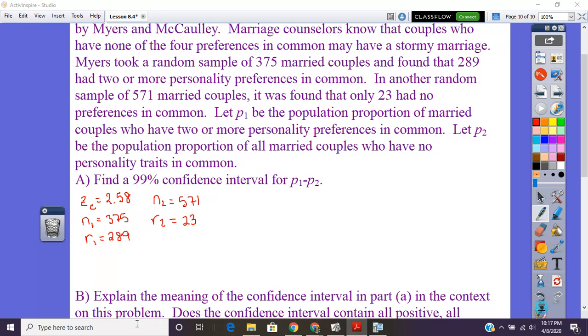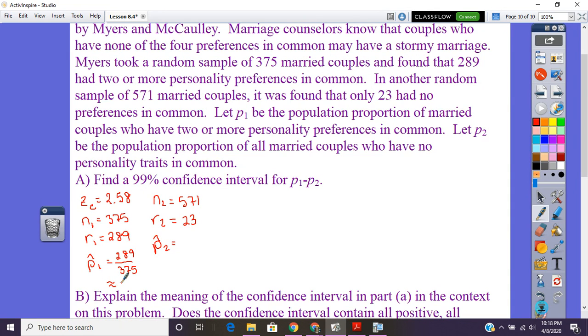And we're going to use those to find PCAP1 and PCAP2. And we could just leave them as a fraction. So we could say 289 out of 375. Or you could go to a decimal and estimate them. Either way is acceptable.